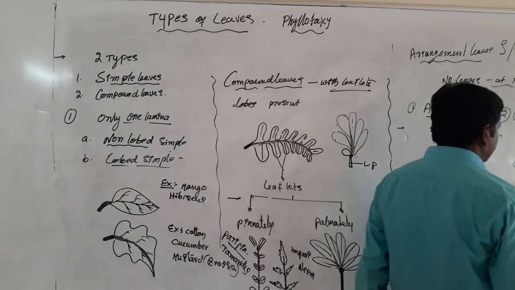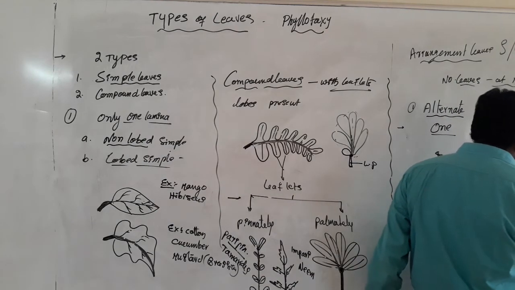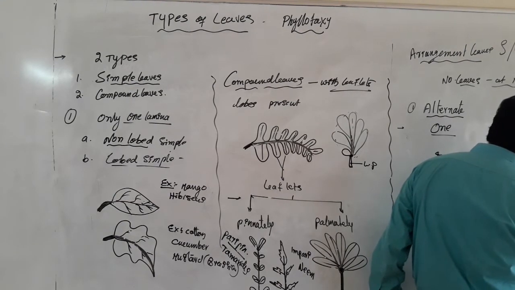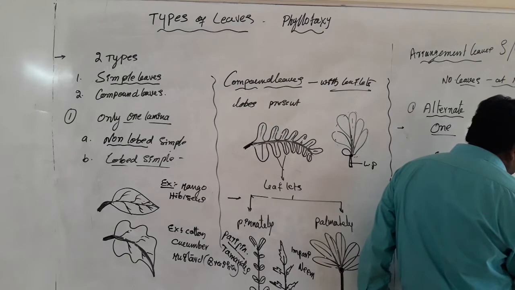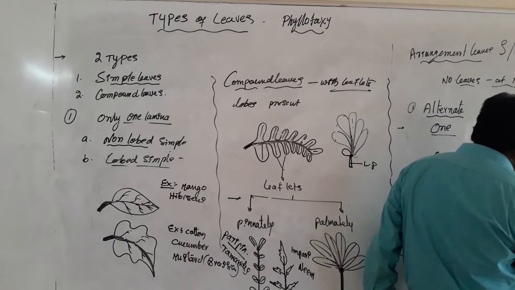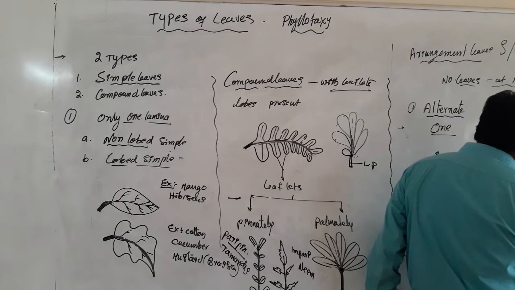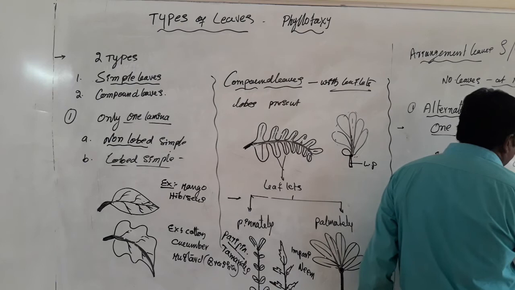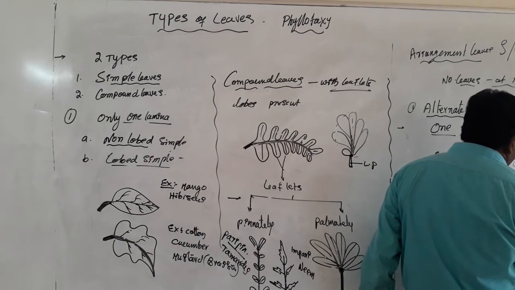Guava and Calotropis. For example, this is the stem of guava, with nodes, and this is a leaf, and this is the other leaf. So every node is represented by two leaves arranged opposite to each other, like this.